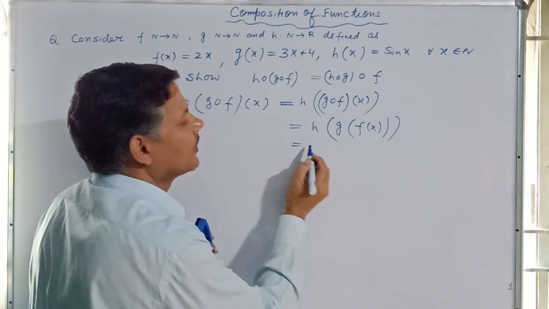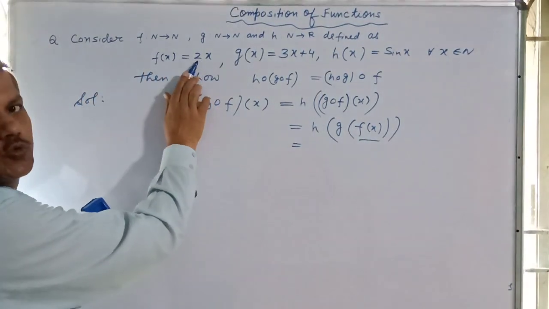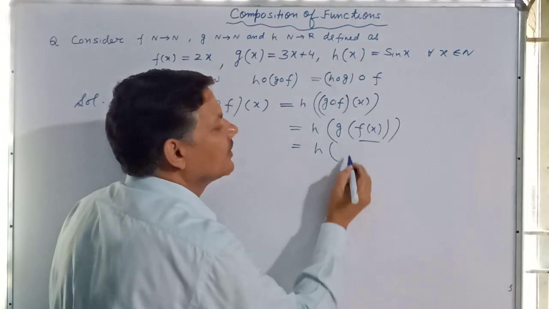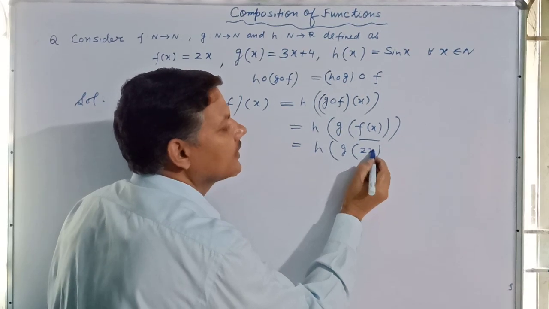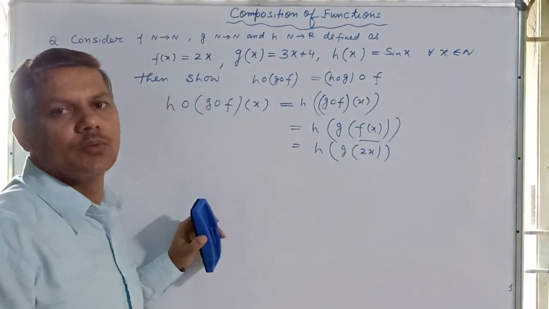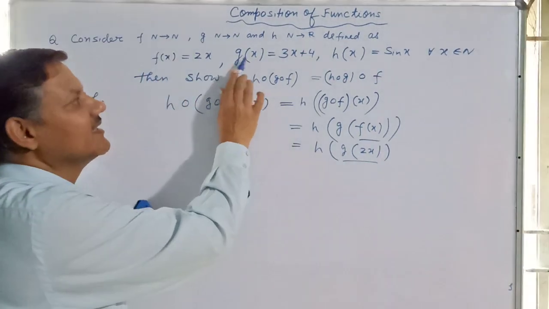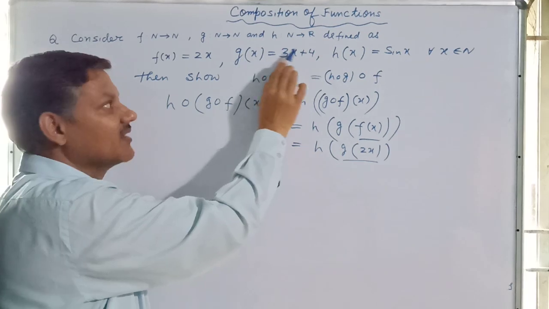Now putting in the value of f(x). What is f(x)? f(x) is 2 times x. So at the place of f(x) we write 2x. Now we use function g, and the nature of function g is that any element becomes 3 times it plus 4.